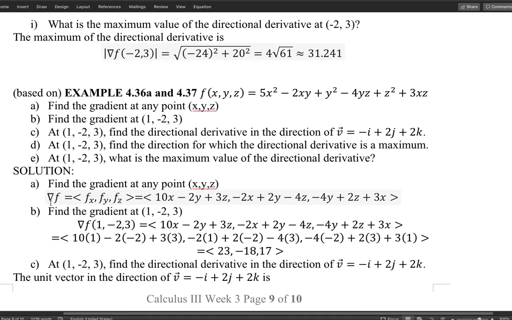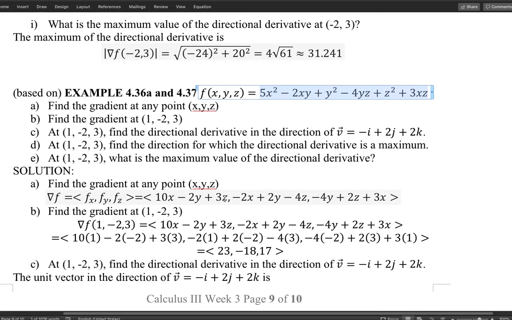So the first part is very general. We understand that the gradient is a vector formed by partial derivatives. For a function of three variables, we get three partial derivatives. So it's a three-dimensional vector. That's what I meant. So I calculate the partial derivative with respect to x from this line here. First term, that's 10x. Second term, that's negative 2y. And these are zeros. One more term from here, that's plus 3z.